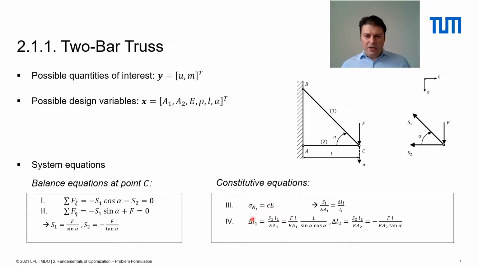On a larger scale, so on the rod scale, you could relate the deformation of the rod to the force acting by what you could consider as a constitutive equation for a rod. It just tells you if you extend the length of a rod by delta L1, you would have to use this force, or this section force S1.